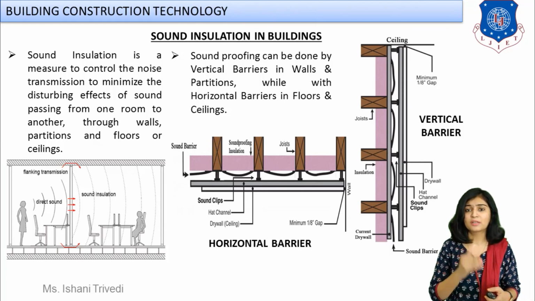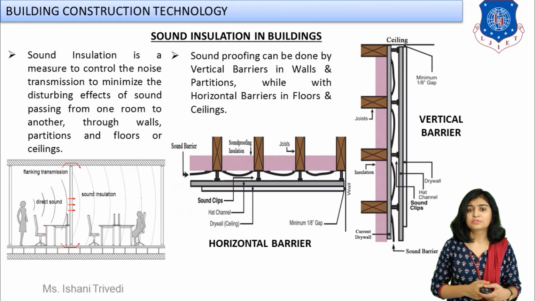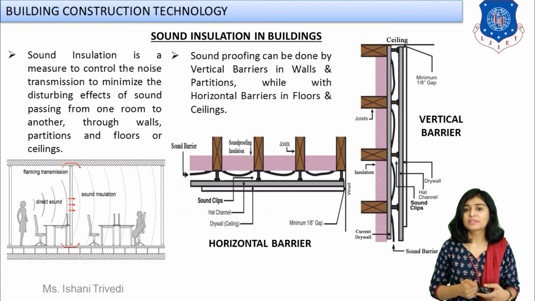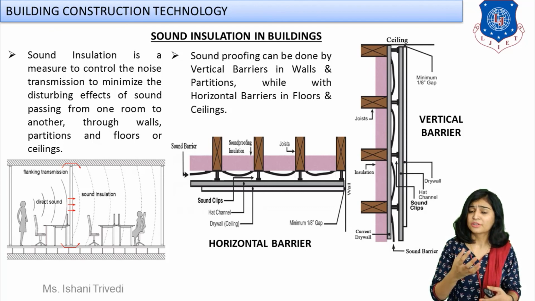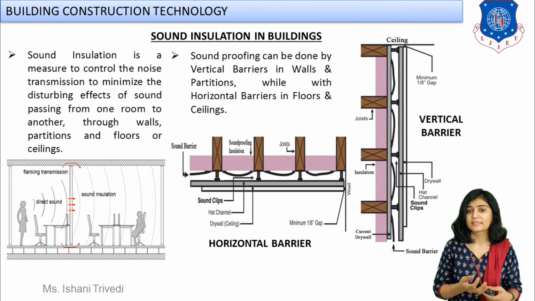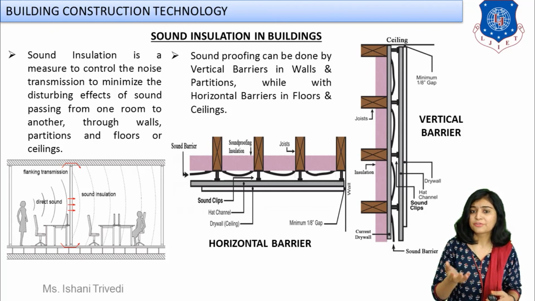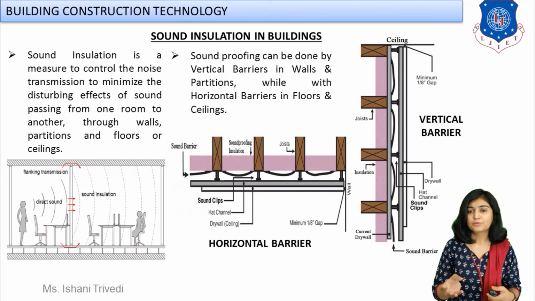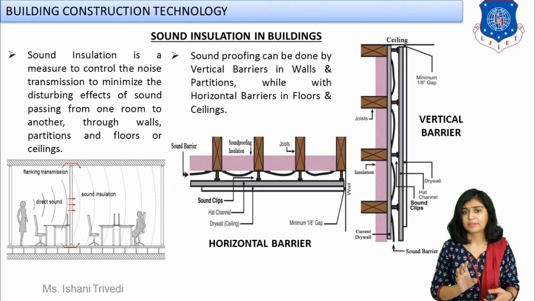So let us talk about this in detail. So how sound insulation is done? It is a measure to control the noise, right? About the noise, undesirable noise inside the building. So passing from one room to another, one building to another, or whatsoever, right?